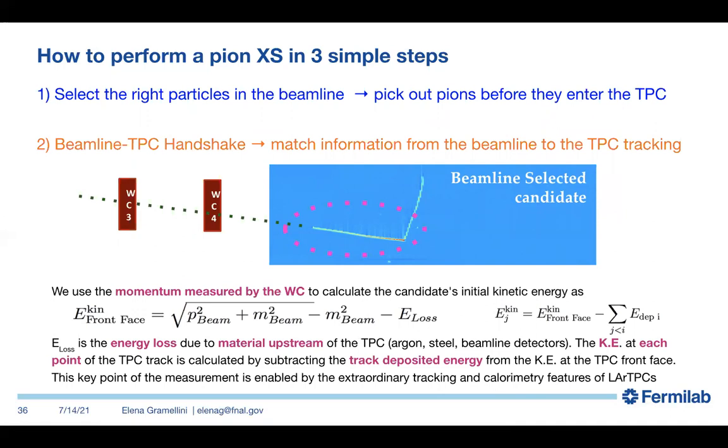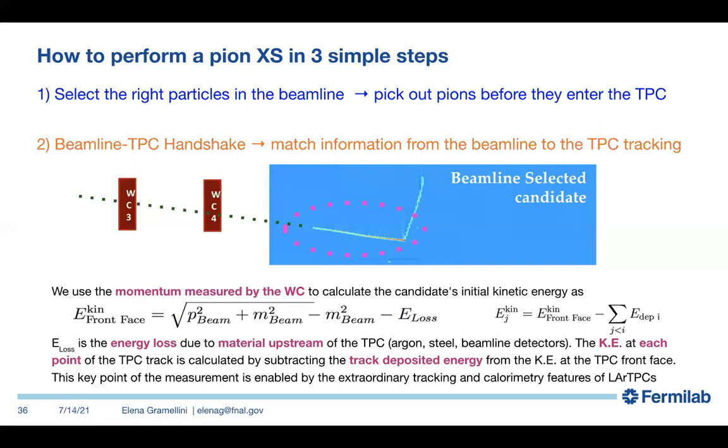Usually you do some track matching, so you know the position of your particle at the downstream wire chambers, and then you have your beamline candidate in the TPC, and you match spatially the reconstructed track with what you had in the beamline.